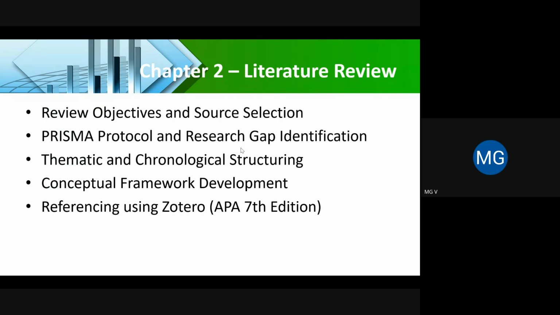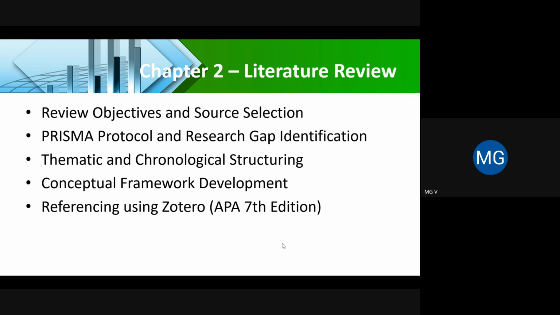Use the review to build the conceptual framework that visually represents variable linkages derived from theory and prior findings. All citations must follow APA 7th edition using Zotero for consistency. For example, while reviewing studies on digital transformation in supply chains, gaps in the Indian SME context may emerge.